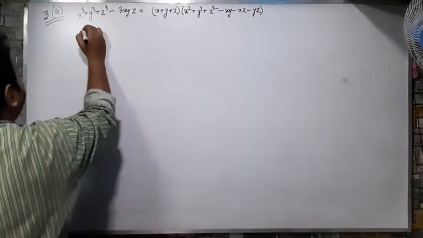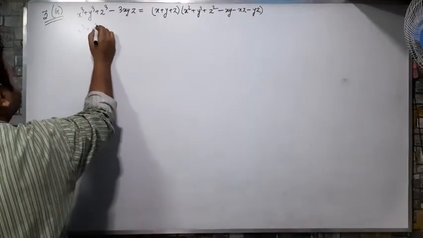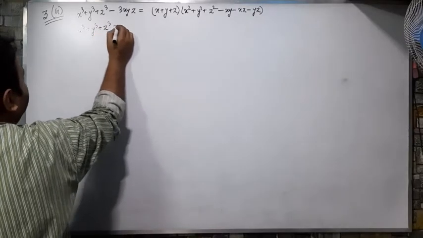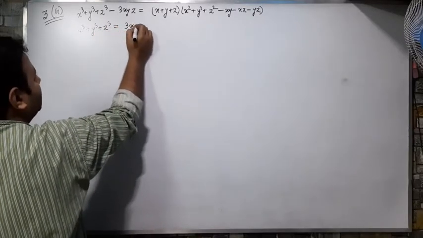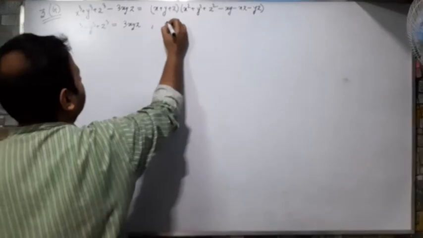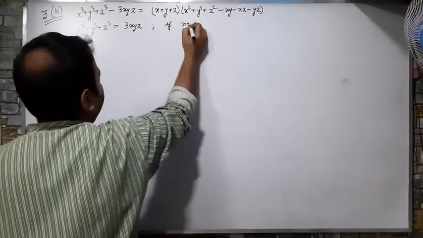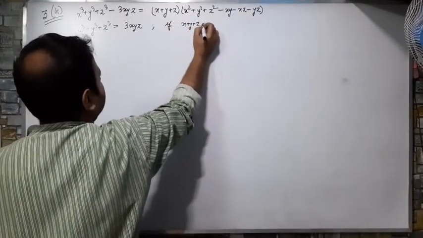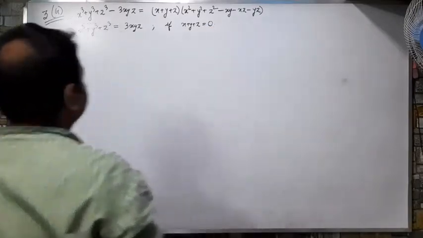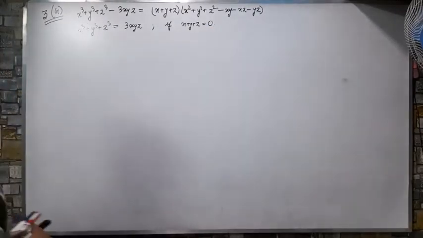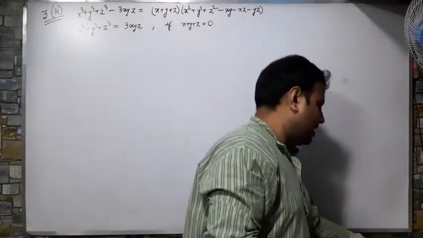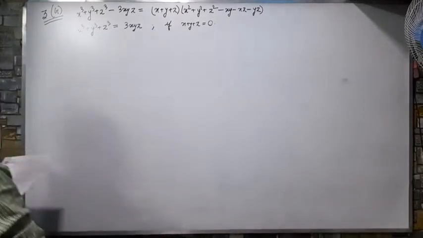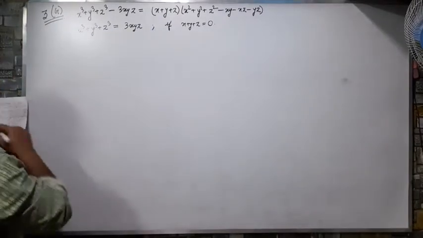And the second one, x cube plus y cube plus z cube will be equal to 3xyz if x plus y plus z equals 0. So these are the two formulae that we have to apply for this exercise. Now the first one, let us see how to do it.